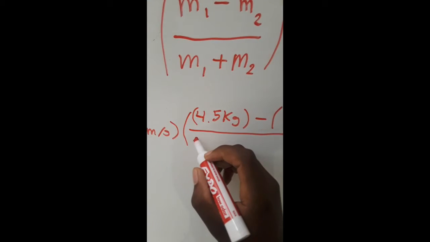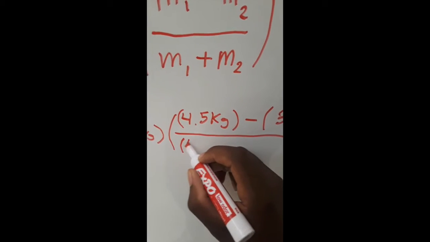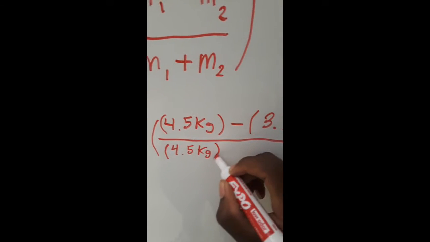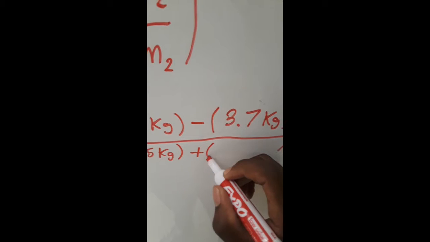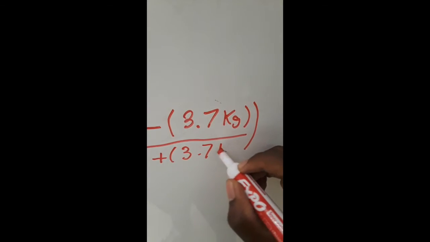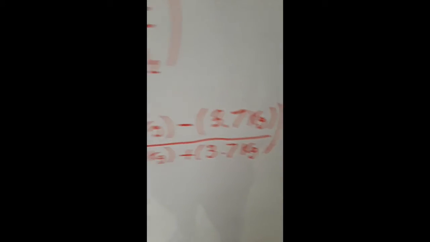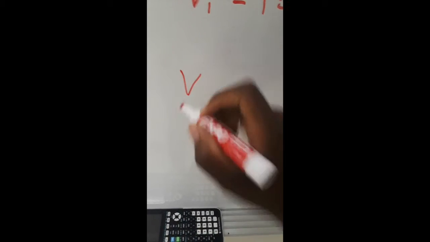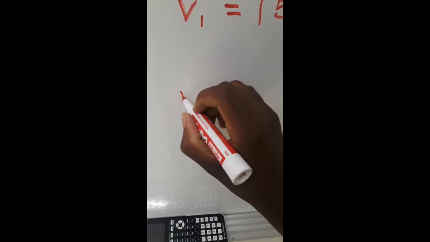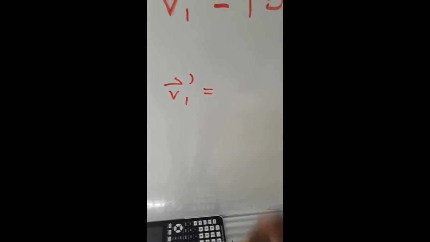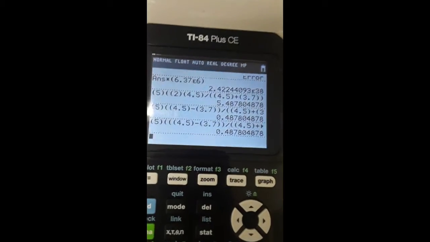Make that go over the mass of the first, and it will be added to the mass of the second. I will be back with the answer.